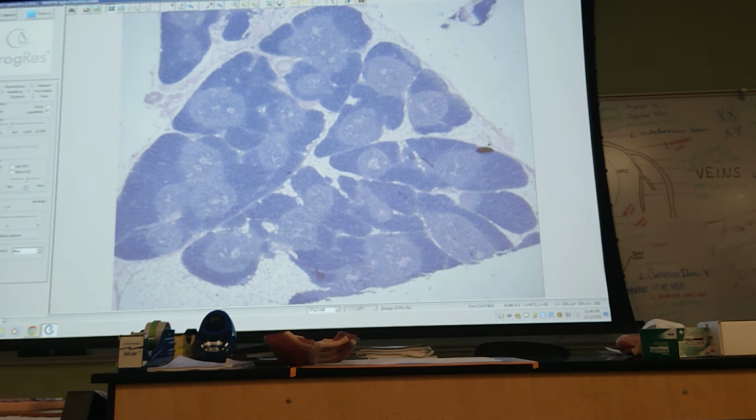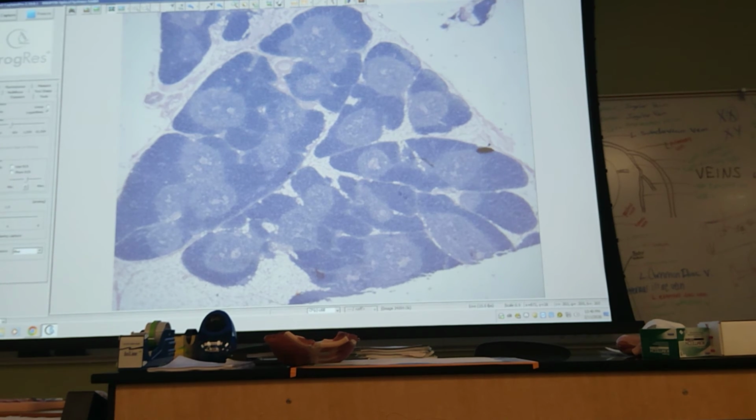Those are called cortex and medulla, things we're very familiar with. The outer darker part is called cortex. The typically inner lighter part is called medulla. Very straightforward. The medulla is less dense and lighter. The cortex is more dense and darker.